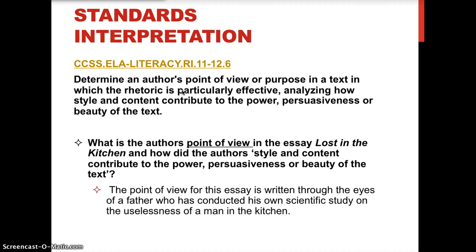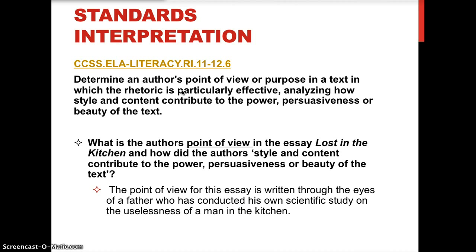So this would be easy for the reader to determine the meaning of what would usually be an unfamiliar word. Okay, so standard 11-12.6: determine an author's point of view or purpose in a text in which the rhetoric is particularly effective, analyzing how style and content contribute to the power, persuasiveness, or beauty of a text. So my question: what is the author's point of view in the essay Lost in the Kitchen, and how did the author's style and content contribute to the power, persuasiveness, or beauty of the text?